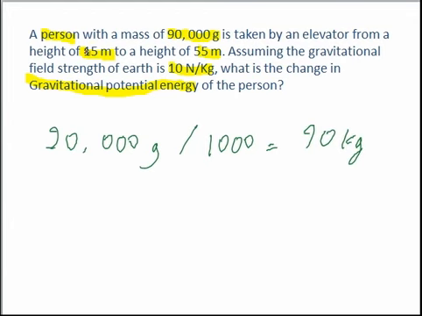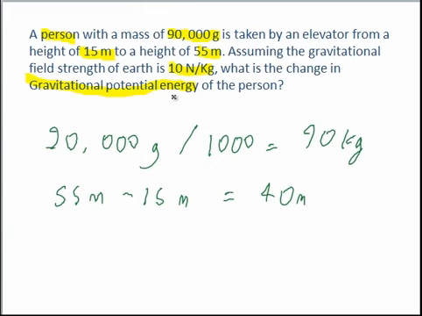And also, we are looking for a change in height. So we need to find out how much they have been lifted up. So we are doing 55 metres subtract 15 metres equals 40. So as we're looking for a change in gravitational potential energy, we also need to think about the change in height. So the change in height has been 40 metres.